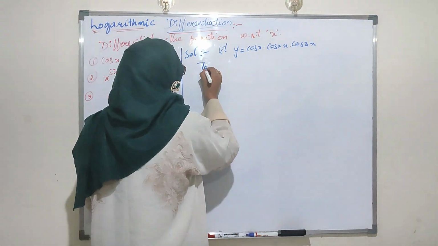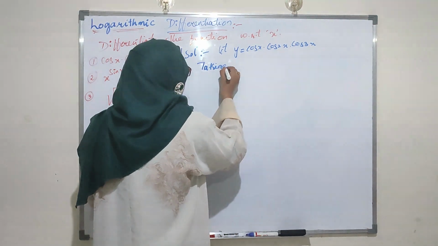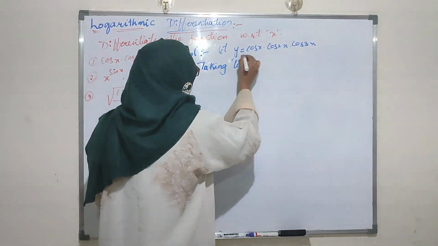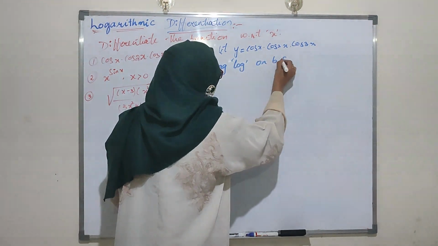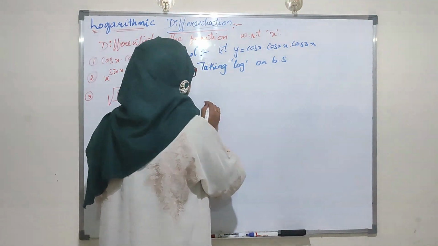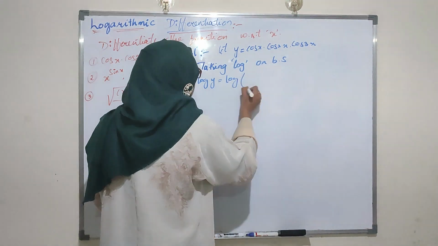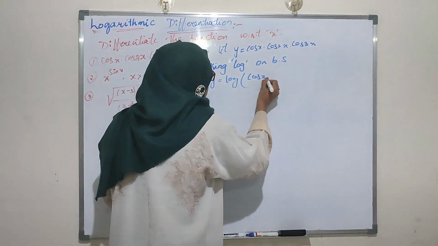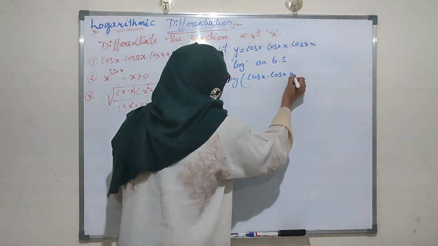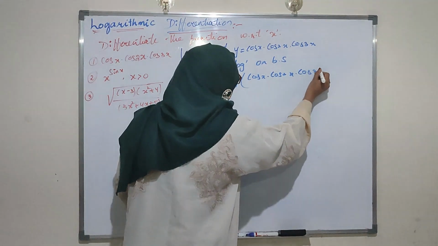First, we take log on both sides. So log of y is equal to log of cos x into cos 2x into cos 3x.